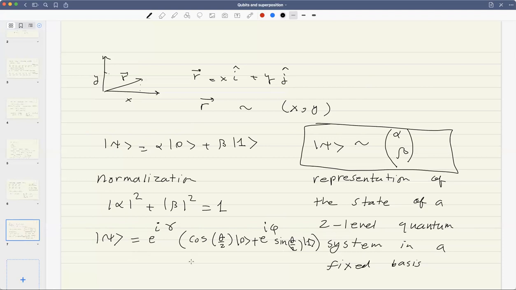So as you can see, we have three real numbers in it. We have gamma, theta, and phi.